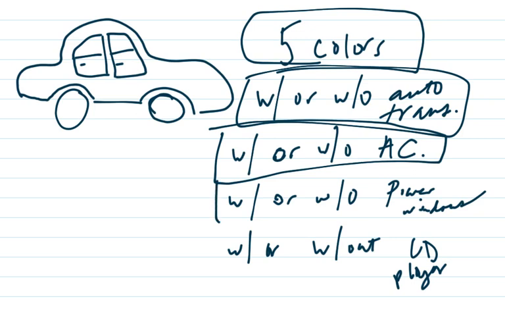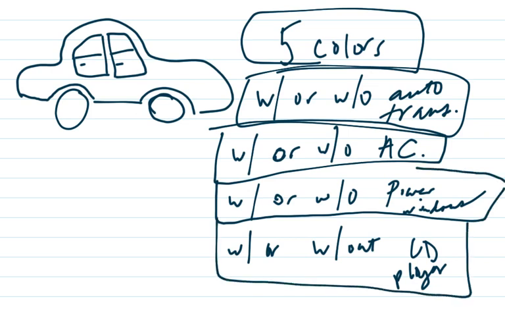But with or without is an option, with or without power windows, and with or without a CD player. So if you think about this, the with or without for each of those, that's 2 options, right? You can either have yes, auto transmission, or no auto transmission. So for each of these, we have 2 options or 2 possibilities.